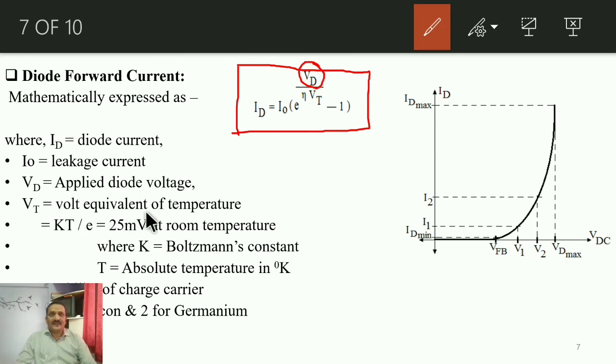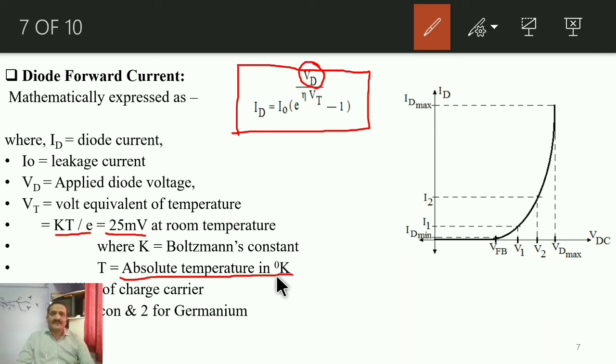Then Vt is the volt equivalent of temperature, which can be determined by using KT by E, and at room temperature the value of Vt is 25 millivolt. Remember this one: as the temperature increases, that is if T gets increased, the value of Vt also gets increased. And when the value of Vt gets increased, the value of leakage current also gets increased.